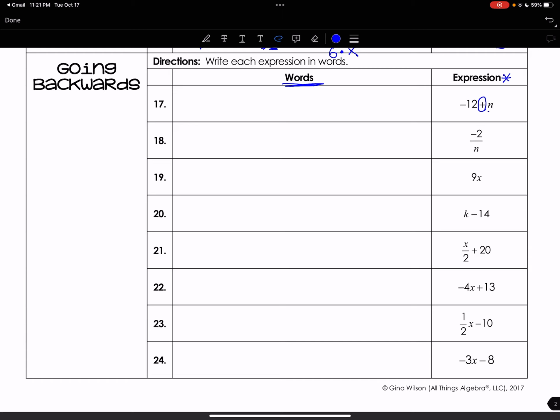So one variable could be a number, right? I can write this as a number. And I need sum or added or increased. Since I'm starting with a negative number, negative 12 increased by a number.